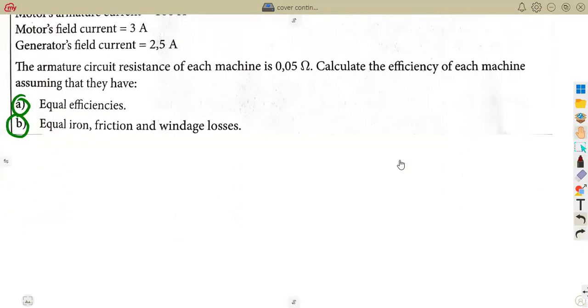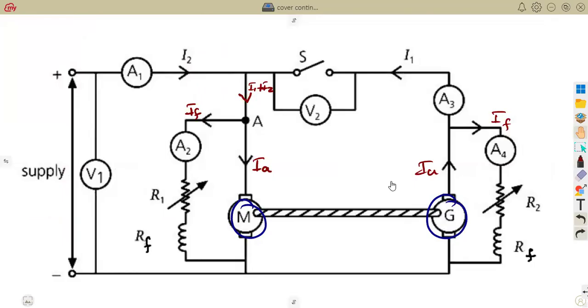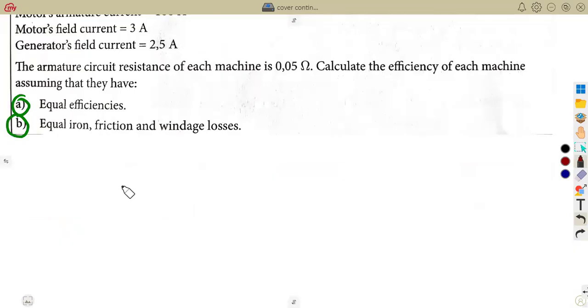The diagram is going to be similar to this one, only that you remove the ammeters, the voltmeters, and so on. So this is what you're going to have. Let us have the diagram first before we attempt our questions, guys. Remember, these are two similar machines and the setup is one and the same.